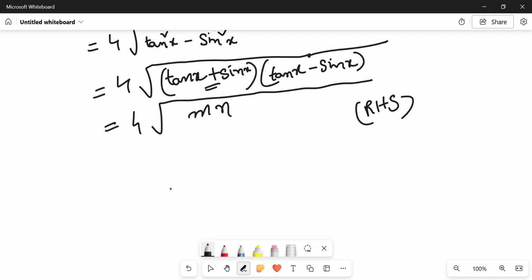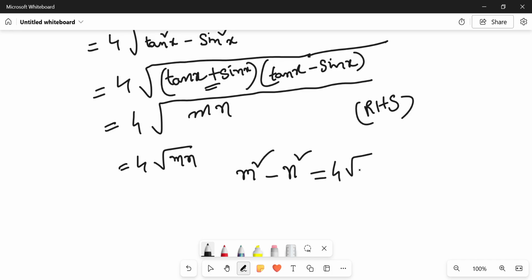So we finally got 4 root mn. Hence we proved m square minus n square is 4 root mn. So that's the problem and hence proved. QED. So with that, that's the problem.